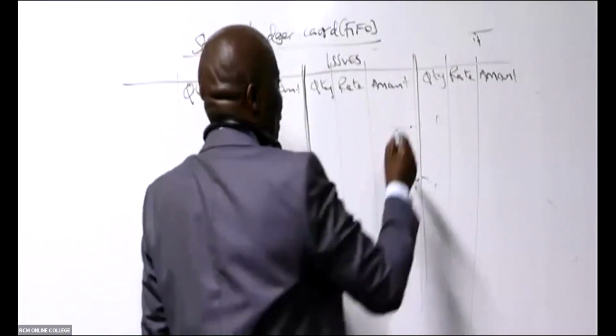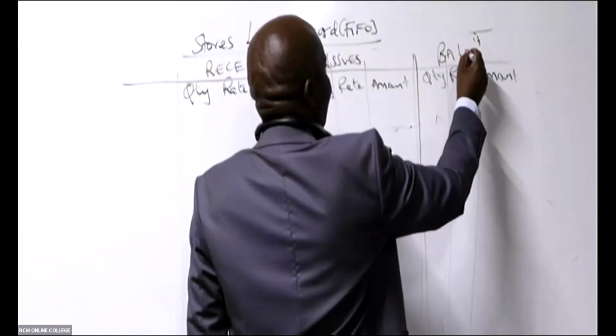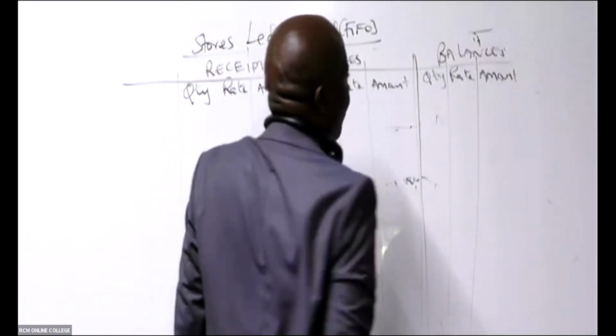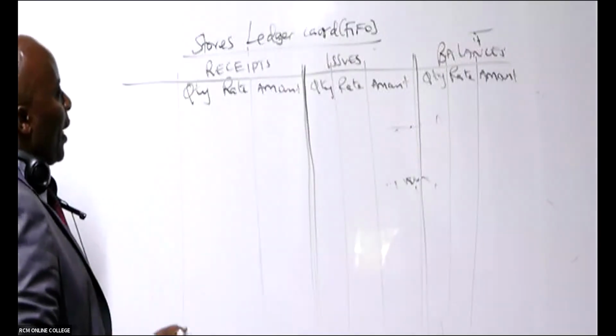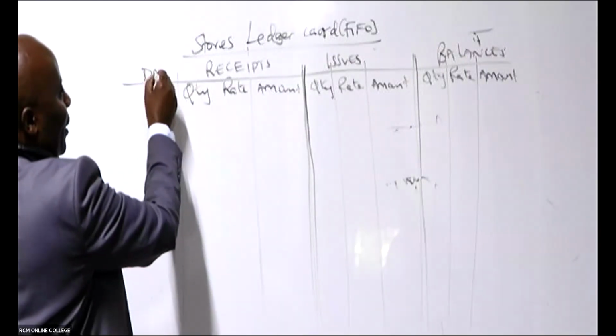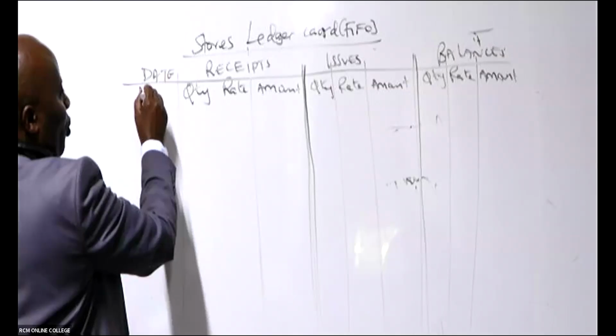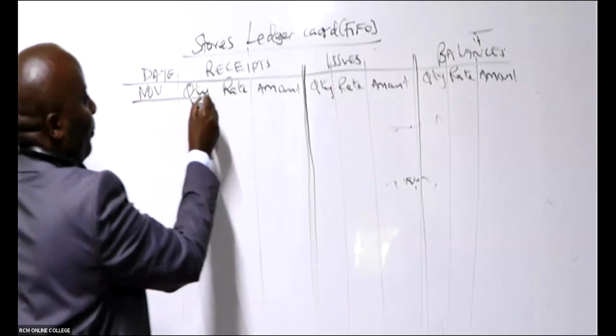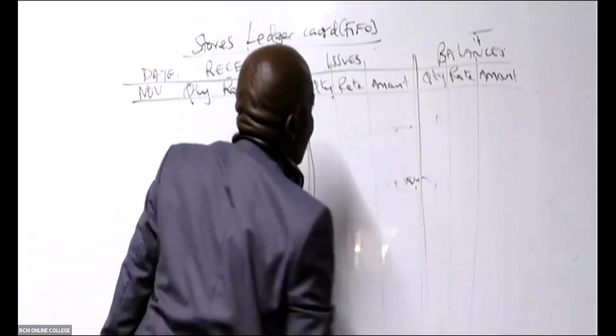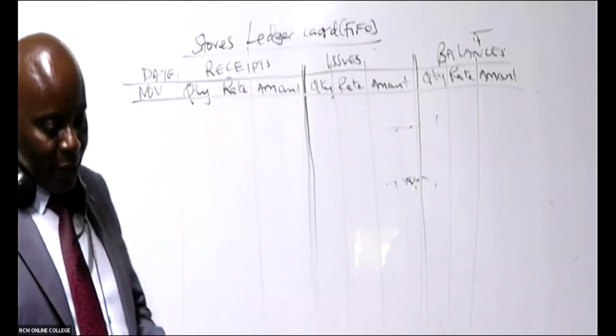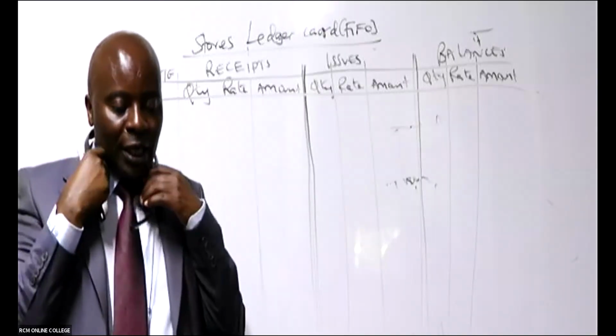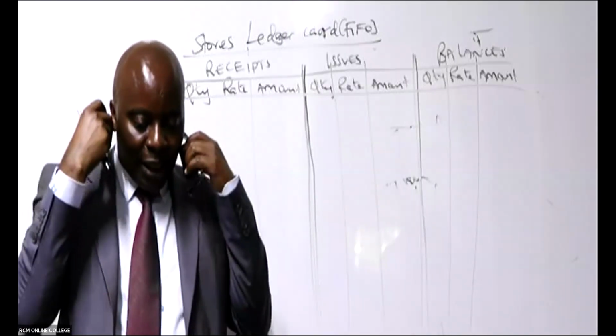Then we shall have balances here. And then, of course, here we shall have the date, and here you write month of November. So please, once you finish writing up yours, mention there yes, Y for yes.